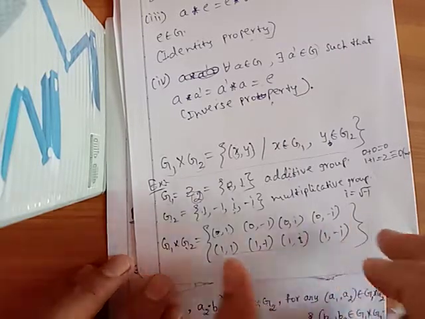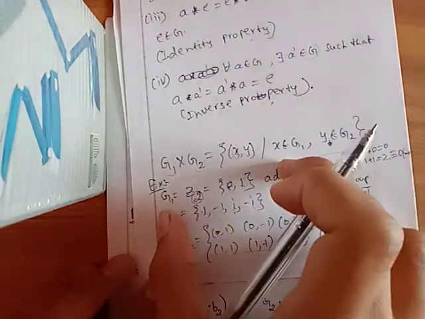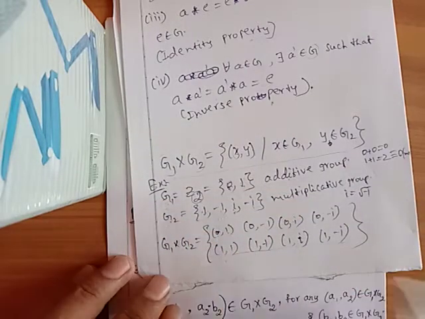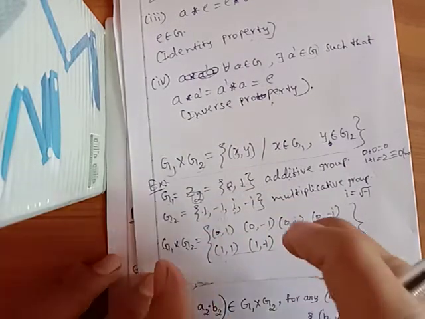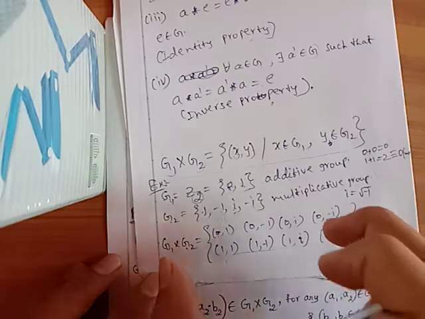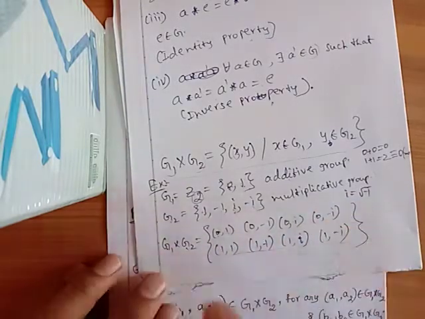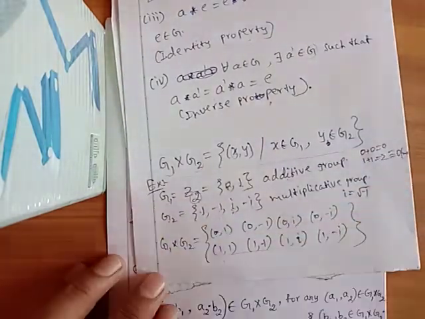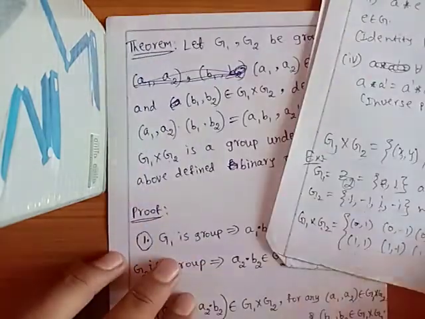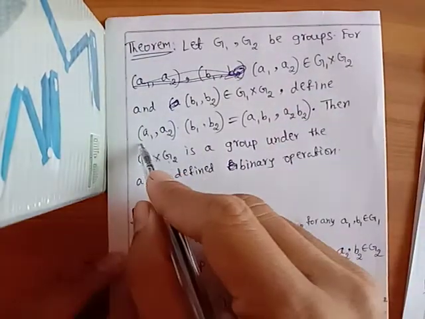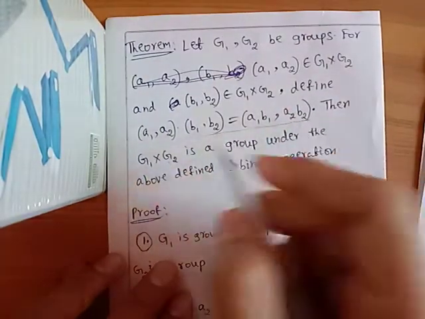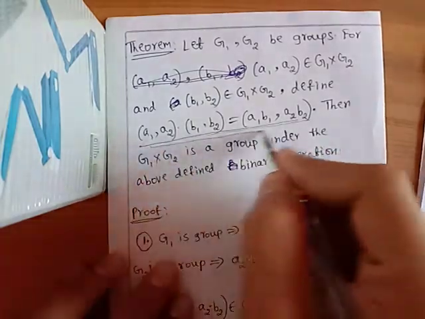So this is called the direct product of these two groups. Now we have to prove that this direct product is also a group under this type of operation.